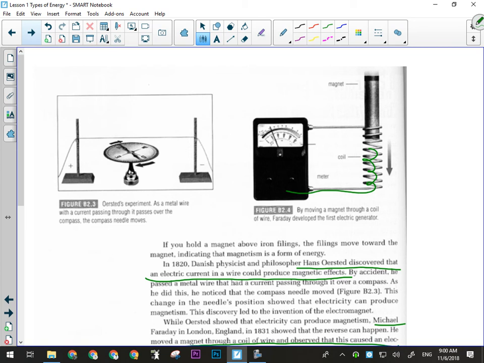It's the first generator. All this generator does is push the wire or push the magnet through this coil of wire. When it pushes the magnet through, the electrons are a bit repelled by this magnetic field that's around the magnet, and it forces them to travel through the wire, generating a current. So essentially, a modern day generator just has a magnet that's passing back and forth through a coil of wire.